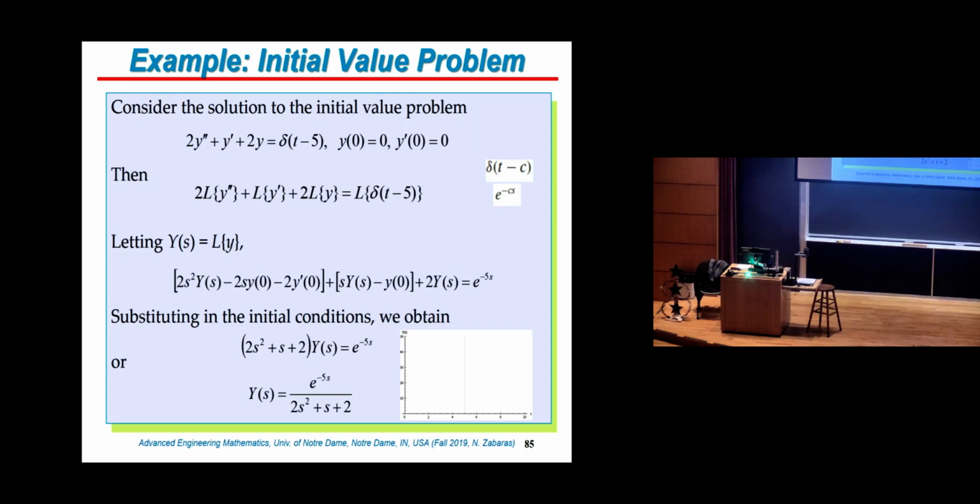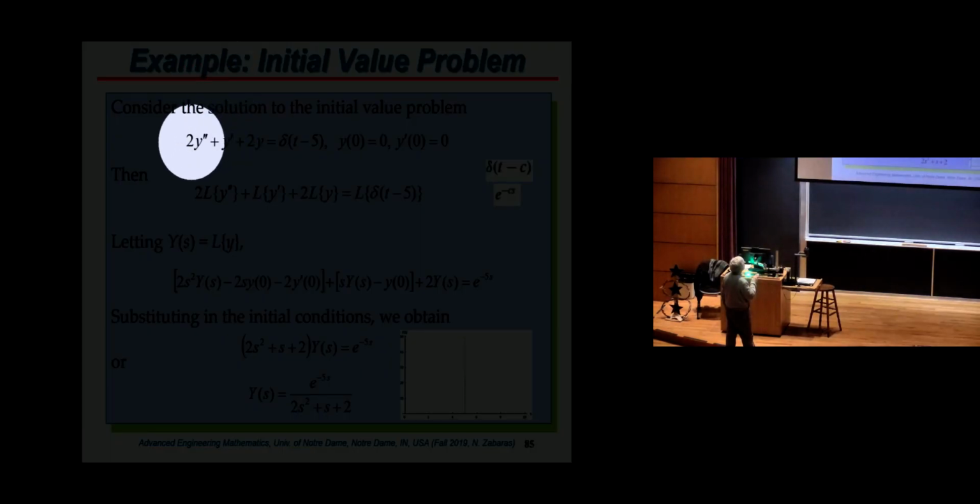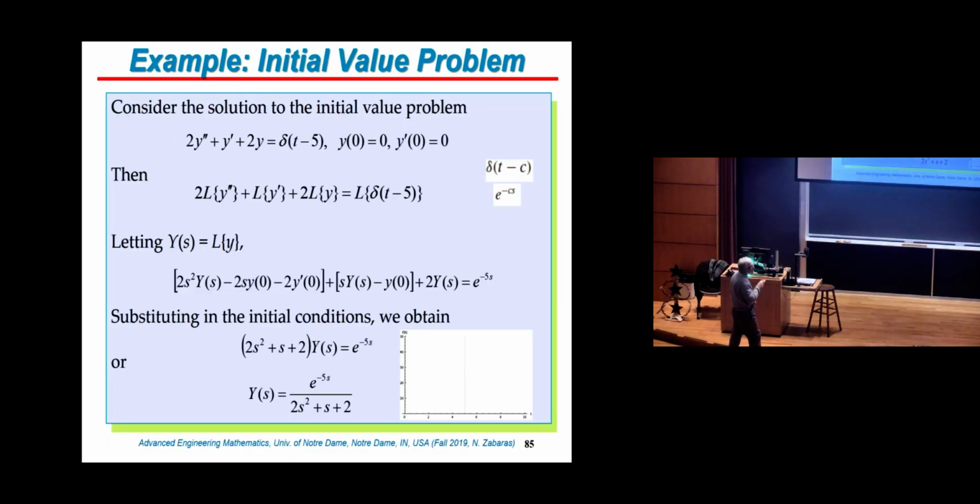I want to know if y is going to be continuous, and if y prime is going to be continuous, and if y double prime is going to be continuous. So what do you think, looking at the differential equation? If this is unbounded, something at time t equal to 5 has to be unbounded on the left-hand side. And what is that something? Y double prime, all right?